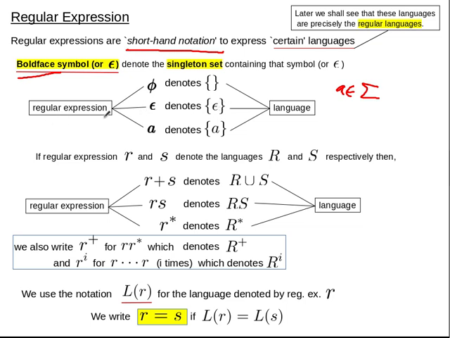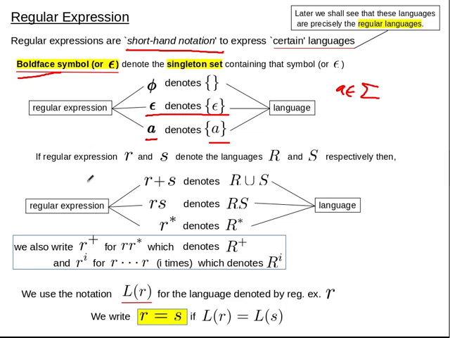Okay, so just keep a note of these differences. Similarly, when we use this boldface version of a symbol, this is not the symbol itself. Okay, so this denotes the singleton set containing that symbol, right? So this is also a language. So each of these expressions denotes some language.